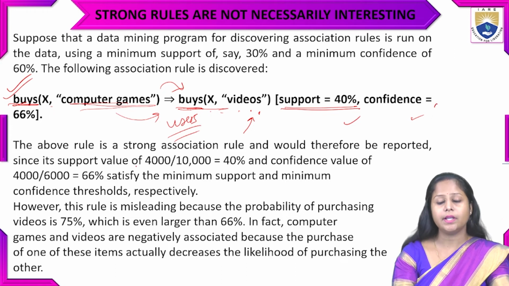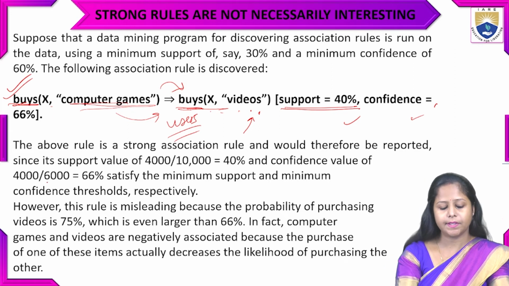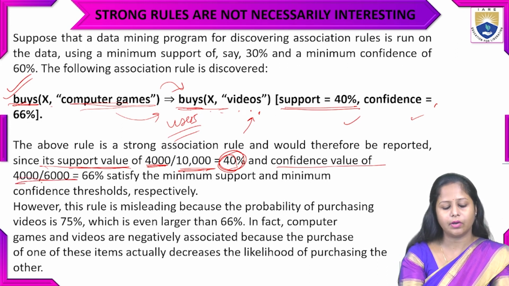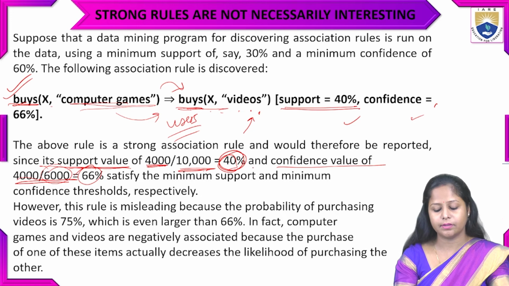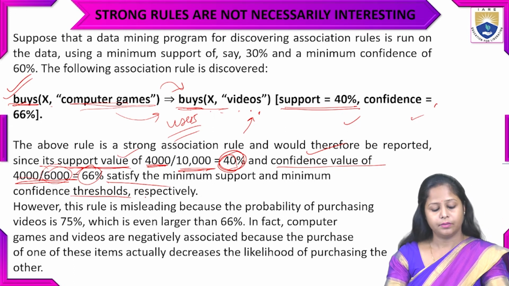So the above rule is a strong association rule and would therefore be reported, since its support value comes from 4,000 divided by 10,000, that is 40%, and the confidence value comes from 4,000 divided by 6,000, that is 66%. So both the support and confidence satisfy the minimum support and minimum confidence thresholds.